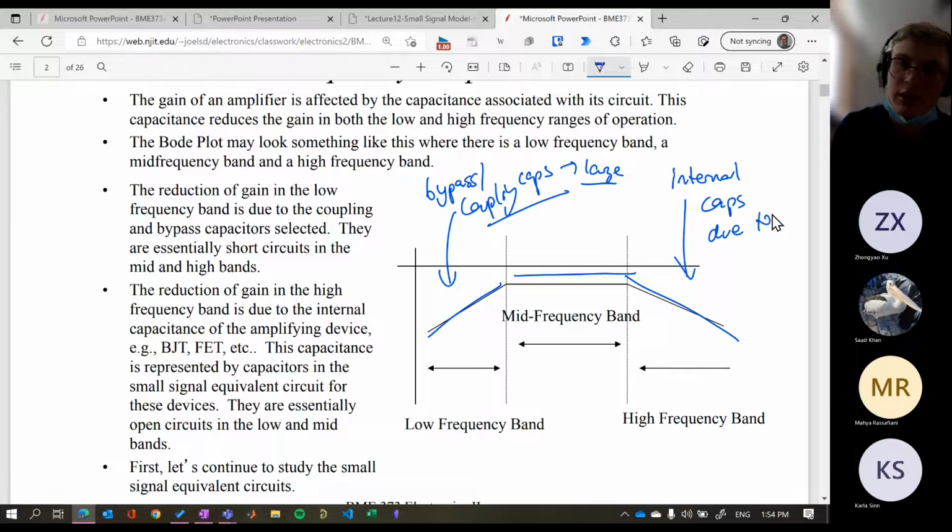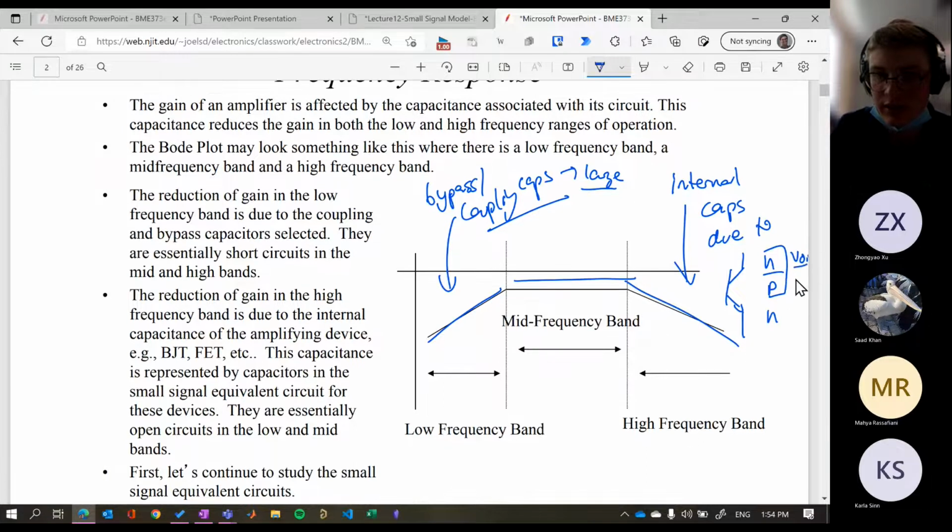In our BJT, we have N, then P, then N. If we have a voltage difference across this, and then we have another voltage difference here, all we need is a charge and a voltage, since C is equal to Q over V. And if we have charges and voltages, we're going to get capacitances occurring.